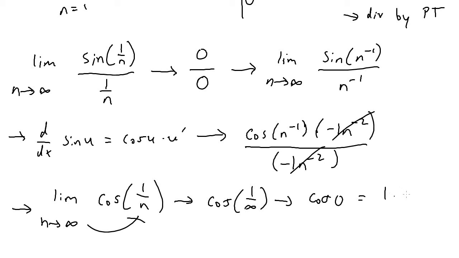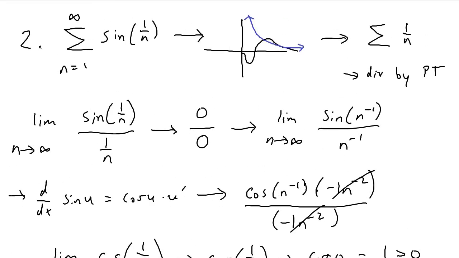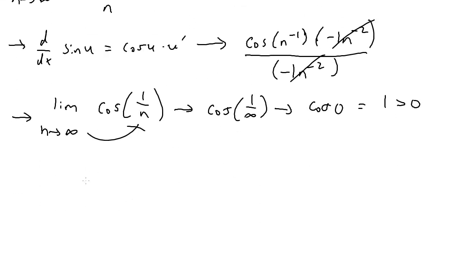Our limit is a finite number and is greater than 0. So if our comparison series diverged, then this series, sine of 1 over n, will also diverge by the limit comparison test.